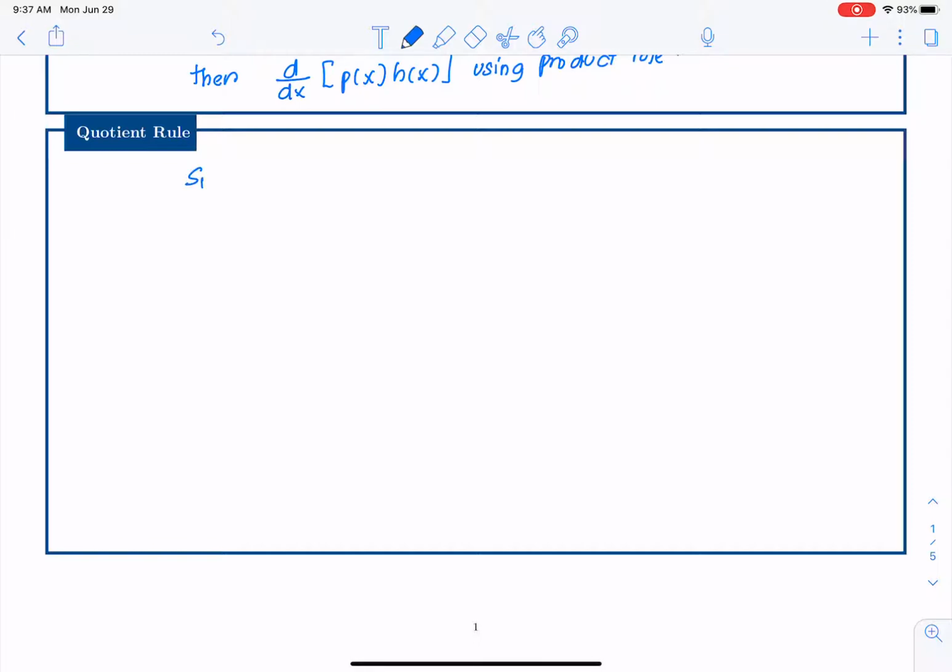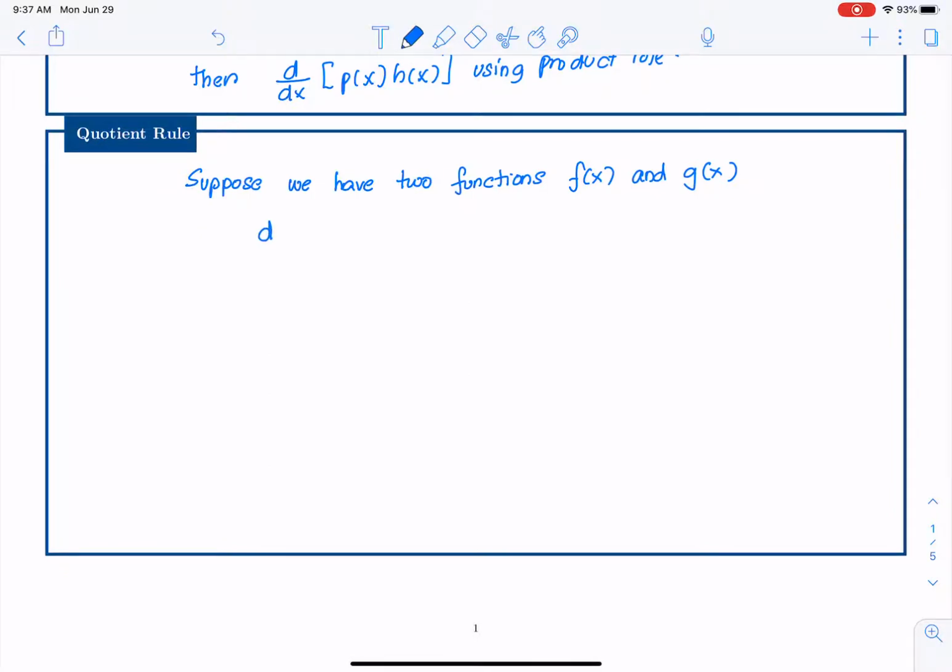So, suppose we have two functions, so d over dx of f of x divided by g of x is equal, naturally one might think, oh, we'll just take the derivative of the numerator divided by the derivative of the denominator and we'll be done with it.